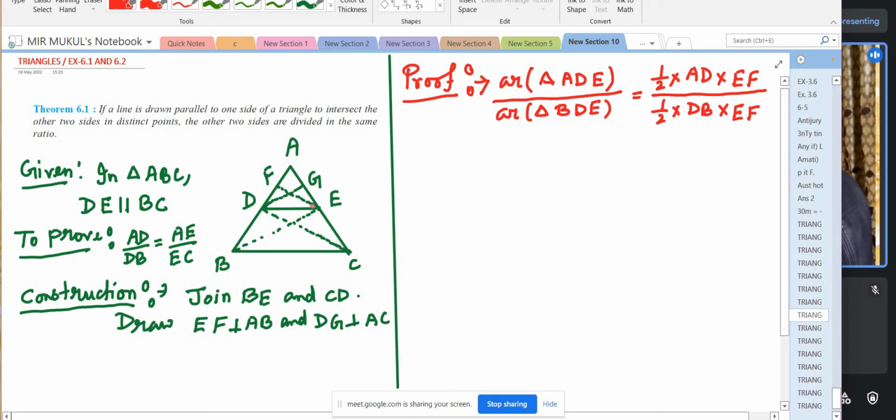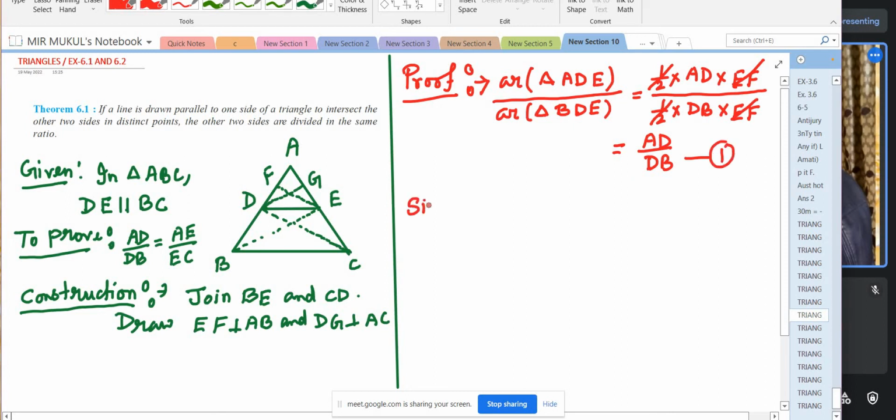For both cases, the perpendicular from E will be the same because only one perpendicular we can draw from E to AB. So for both triangles, the altitude will be EF only. So we can cancel half and half, EF and EF, and we are getting AD upon DB. And this is equation number 1.